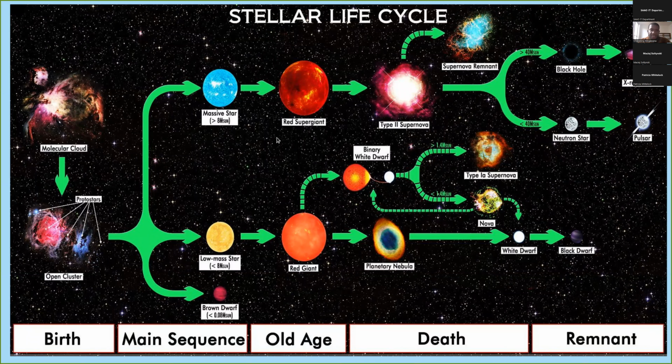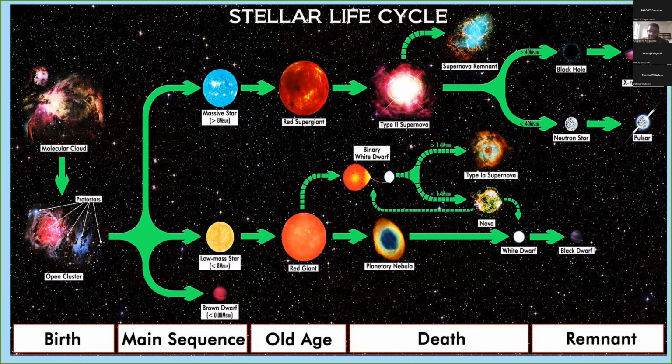Even in this arena, where massive stars evolve, go through the supergiant phase and go into a supernova or a black hole or any other remnant that results, there's still a plethora of diversity in how different initial masses dictate how that star is going to evolve and explode in a supernova.